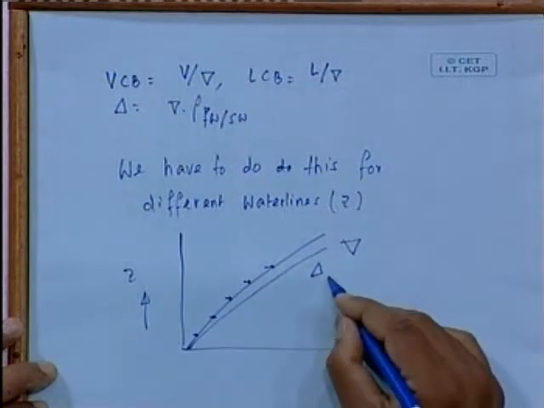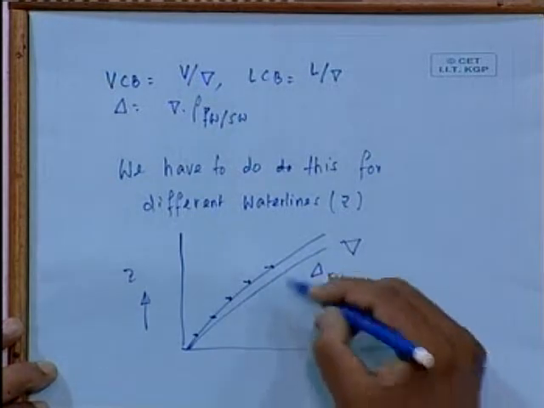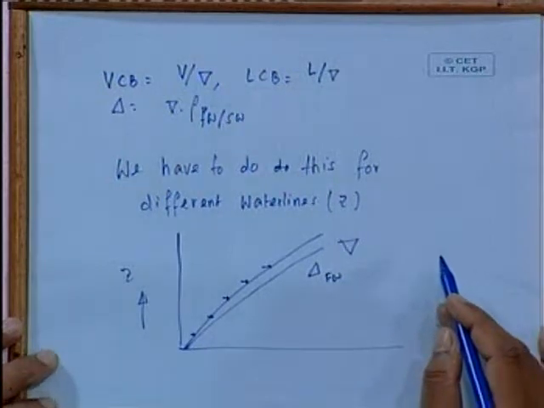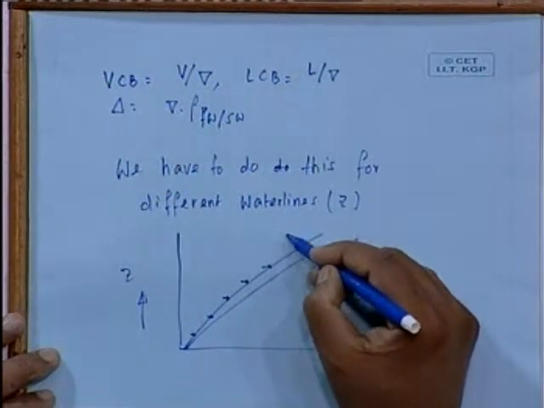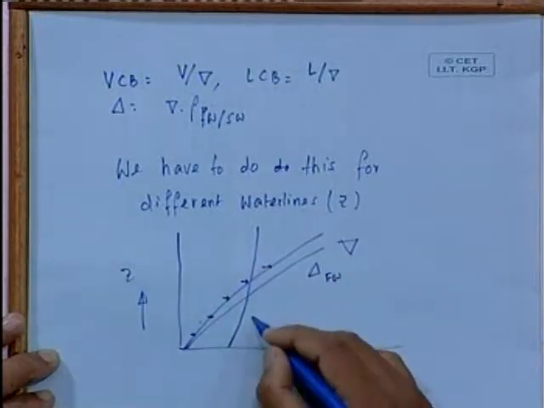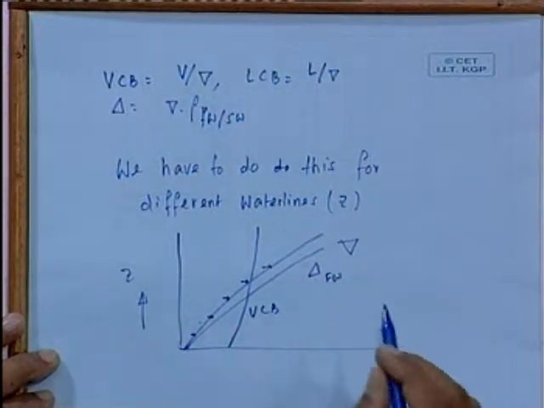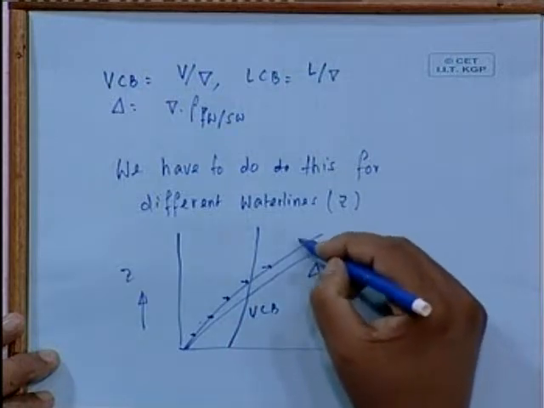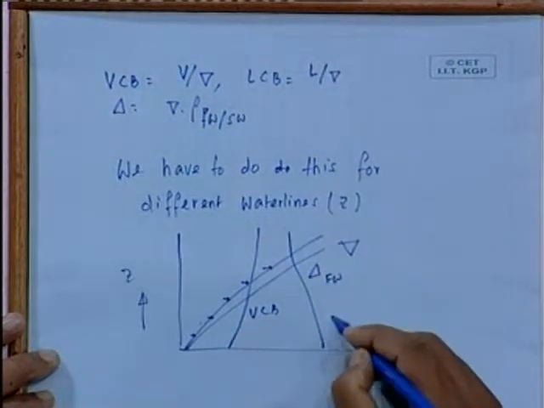Now I have a plot for fresh water. I have a plot of vertical center of buoyancy, which might look something like that. Say VCB. I might have an LCB, LCF, which may be looking like that.